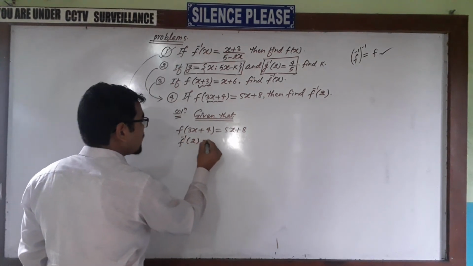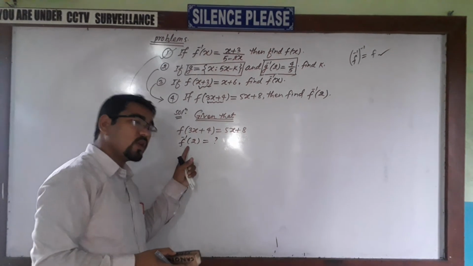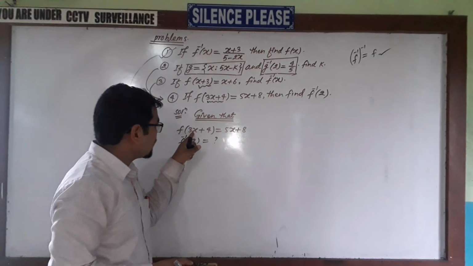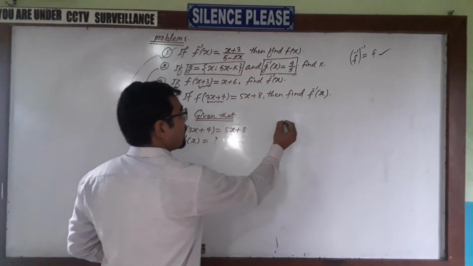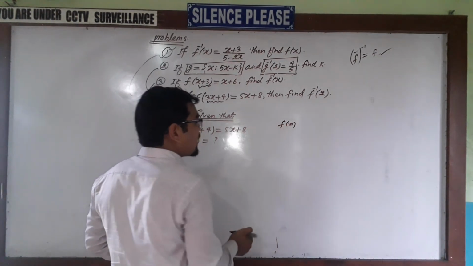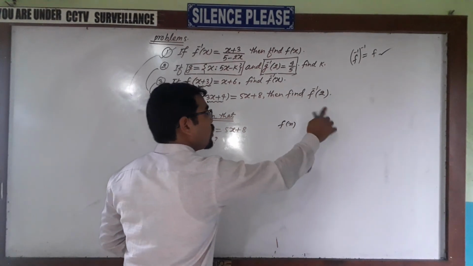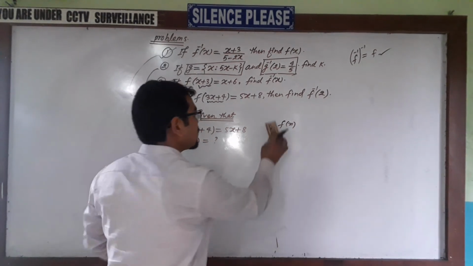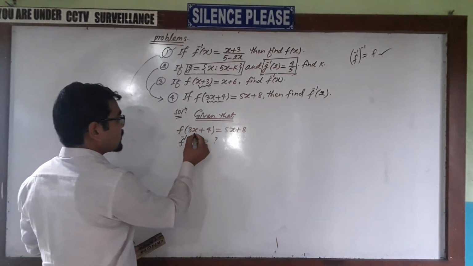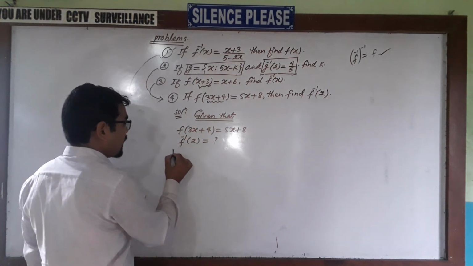So before finding f inverse 2, first of all this given function f of 3x plus 4 should be expressed in the form of f of x. Then only we can find the inverse. Then after finding the inverse, we can put x equal to 2 there, the input value 2, then we can get the answer. So here, first of all, let 3x plus 4 be equal to a. We can consider this.